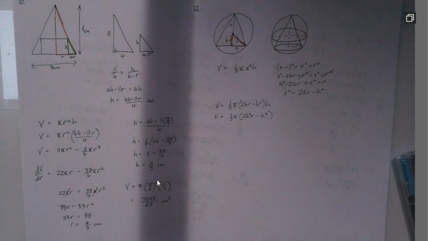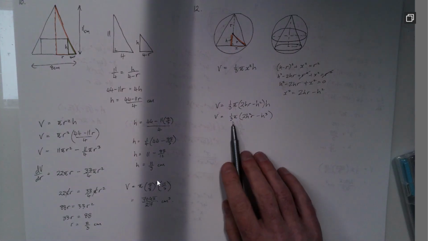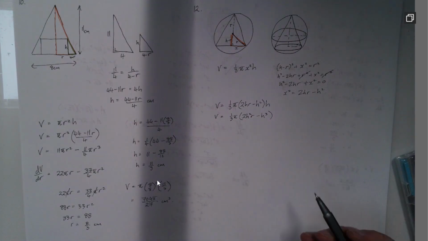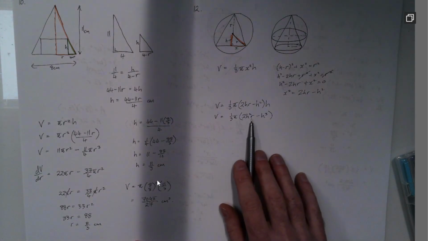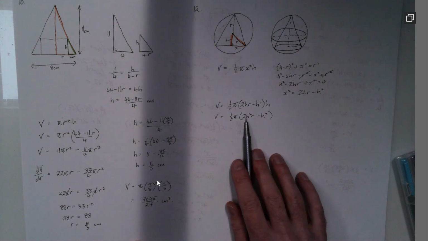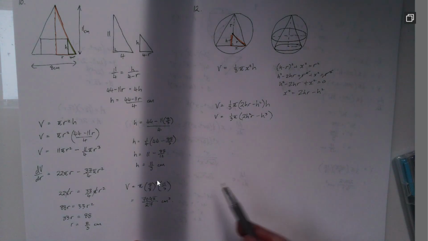Now the one third pi is just a number, so you can ignore it because it cancels out when we set the derivative to 0. So now differentiate. r is constant, doesn't change.